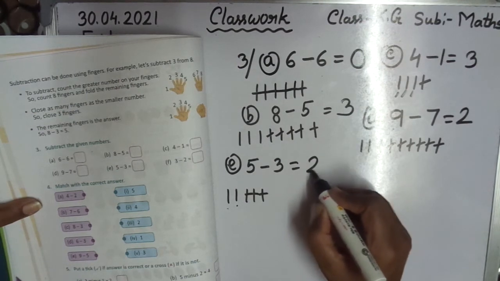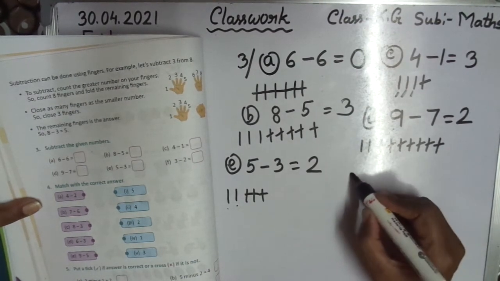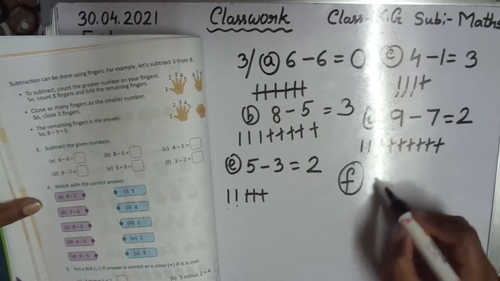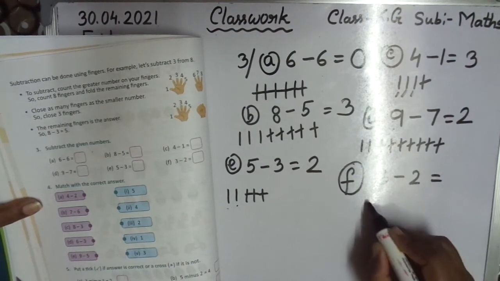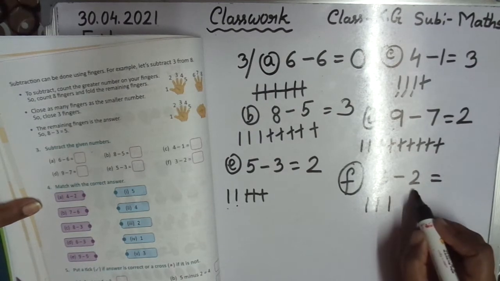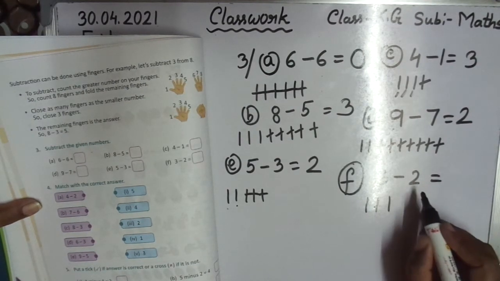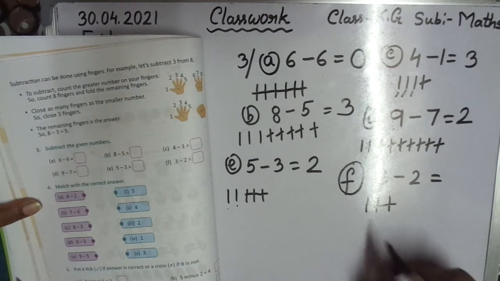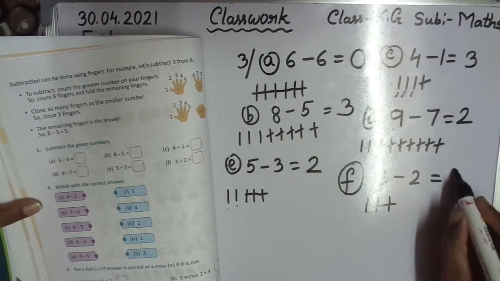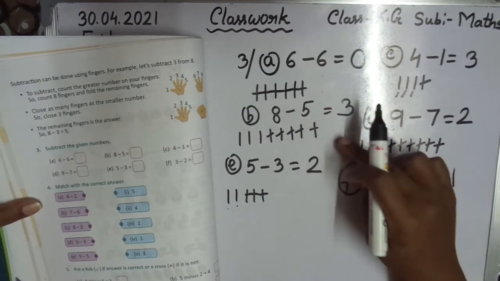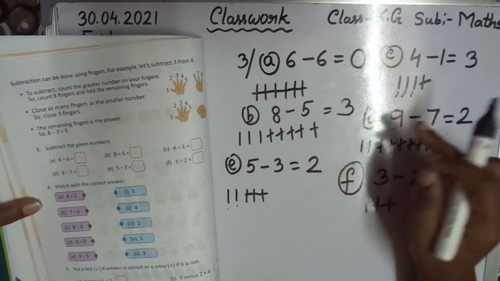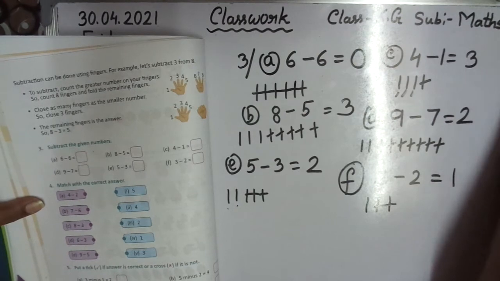So 2 is the answer. F. 3 minus 2 is equal to 1, 2, 3. 2 is the small number. So left 1. I hope everyone understood question 3. Subtract the given numbers. So practice.